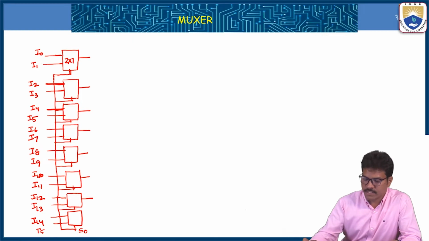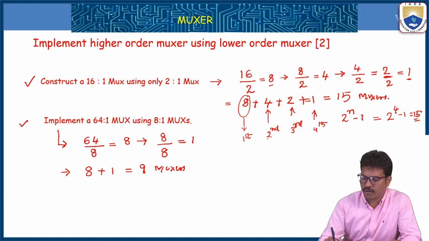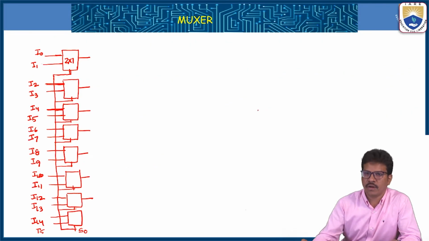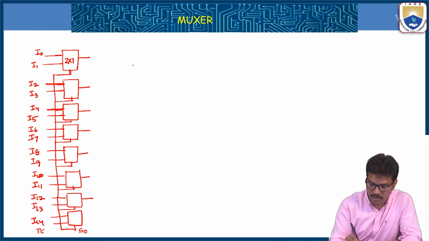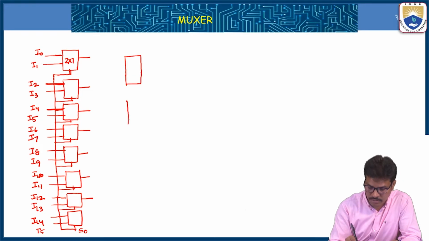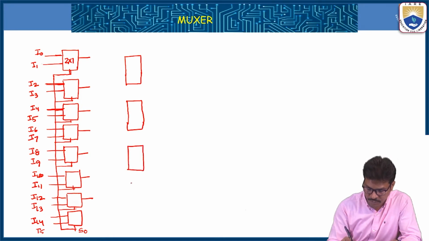And then what is our second stage? The second stage requires 4 multiplexers of 2 by 1. So take those 4 multiplexers: 1, 2, 3, 4.